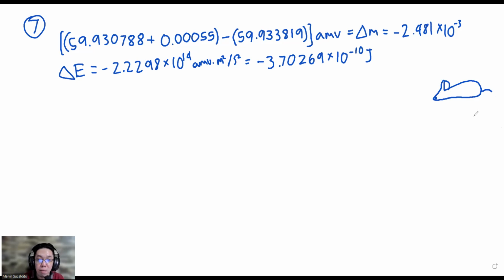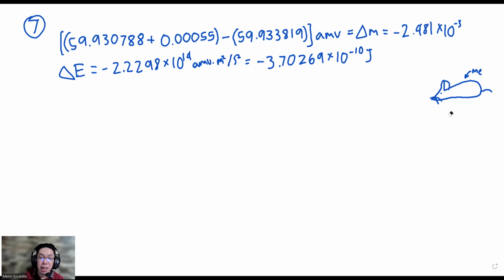Correct. 3.703 times 10 to the negative 10 joules. Ang akin ay negative 7 kg. So, tama, no? Okay, correct. So with that, we're good with number 7.